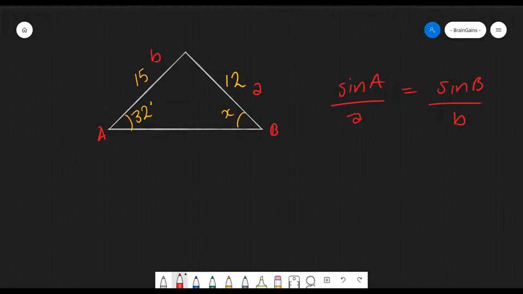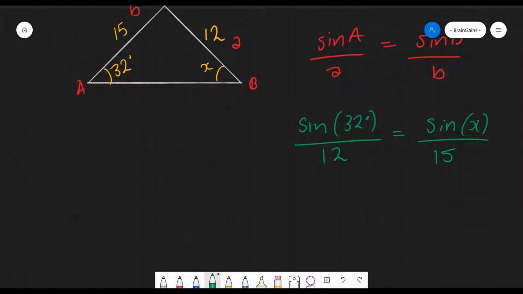Because x is what we're looking for, we can now use the sine rule. So let's go ahead and substitute our values into the equation. We have sine of 32 degrees over 12 is equal to sine of x over 15. Now, if we want to rearrange to find what x is, we need to multiply both sides by 15. So we would get 15 sine 32 over 12 is equal to sine of x.